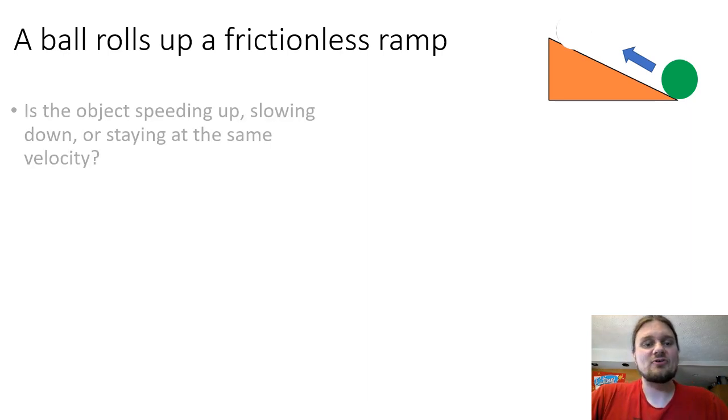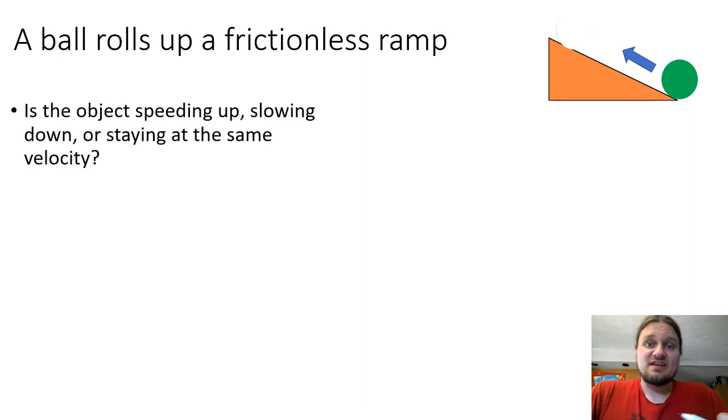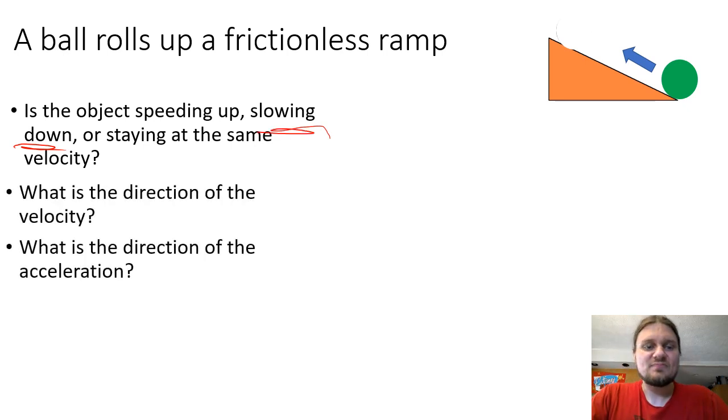Okay, let's look at a similar situation, but this time the ball is rolling up the ramp. Intuition again tells us that as the ball rolls up the ramp, unless it's being assisted, and it's not, it is slowing down. The ball is moving up the ramp, so velocity points up and to the left. Now the direction of the acceleration: the object is slowing down, and so acceleration has to oppose the direction of the velocity.